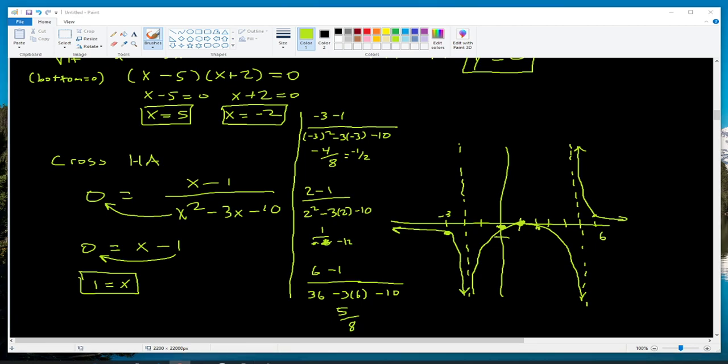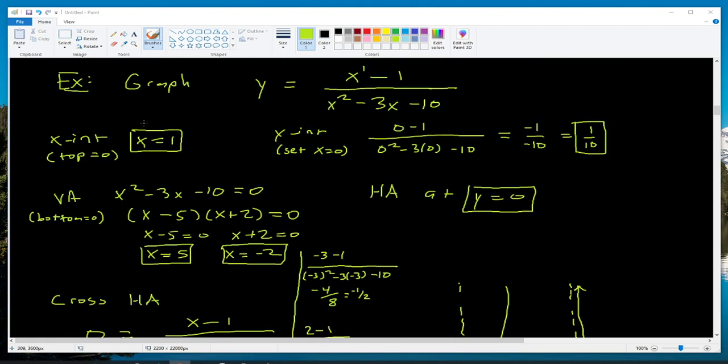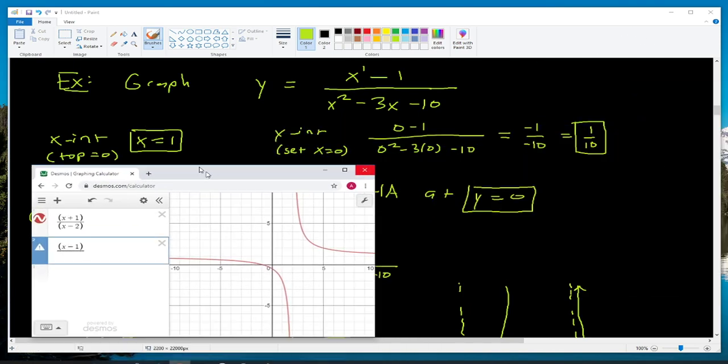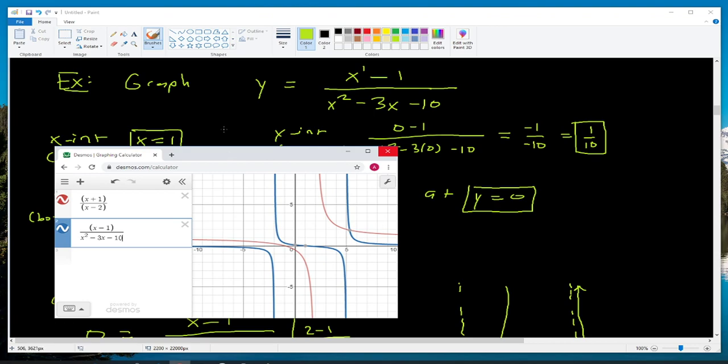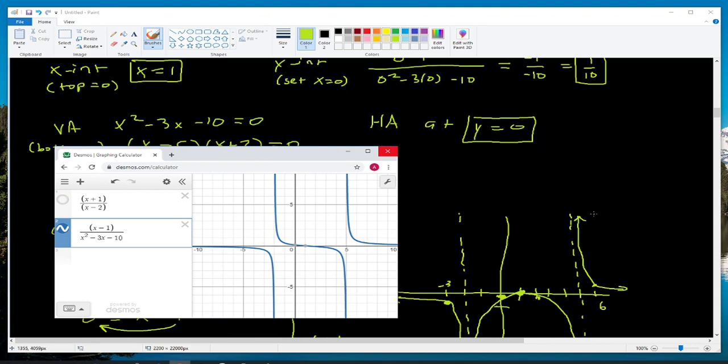We'll see if we've made a mistake somewhere, and then try to figure out what the mistake was, if we made any. So we want x minus 1 divided by x to the second power minus 3x minus 10, and we're going to turn off the first graph.